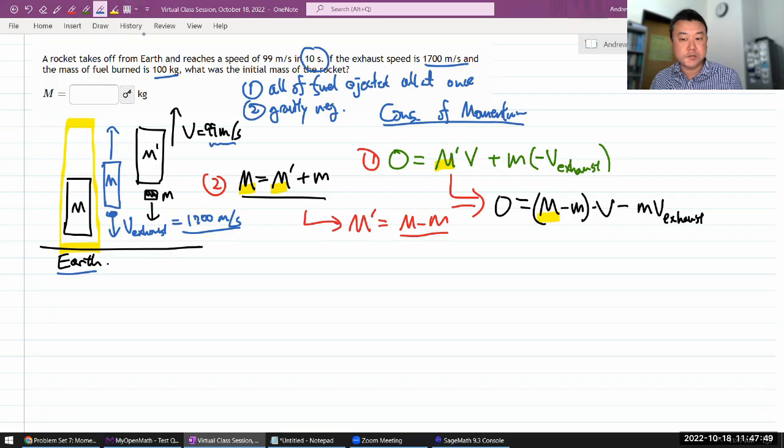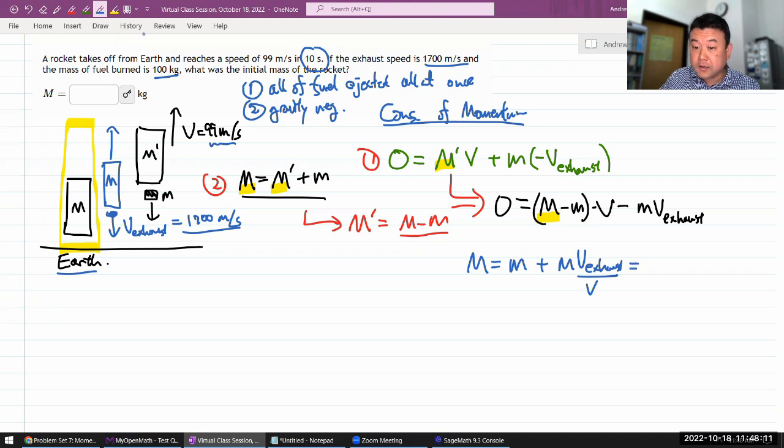If you need to pause the video, make sure your algebra agrees with my final answer. That is small m plus small m times exhaust divided by the speed of the rocket. I think that's right. And I can simplify it a little bit. I can factor out the small m: 1 plus this ratio of exhaust per speed of the rocket.